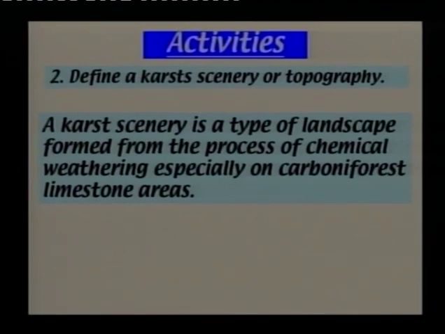And when chemical weathering takes place on such an area, then distinctive features are created. The reason why we are not giving those features now in question 2 is because in question 3, you are asked to make a list of some of those distinctive features in a karst scenery. Okay, are we happy with the answer for question 2? Yes? Let's look at question 3.